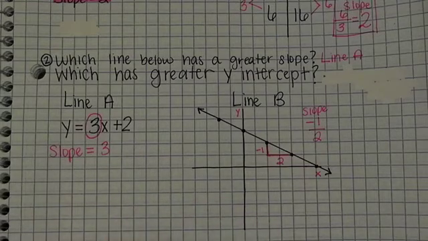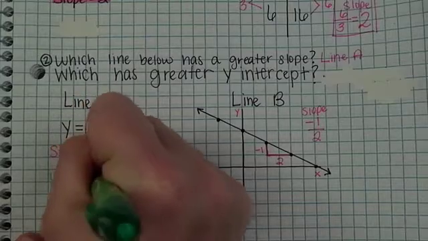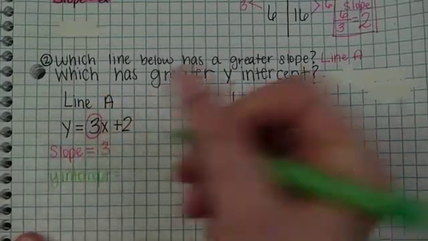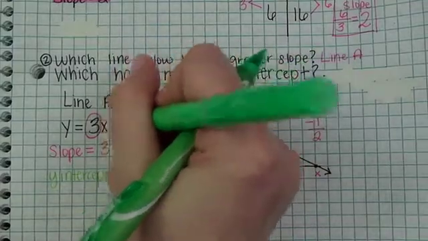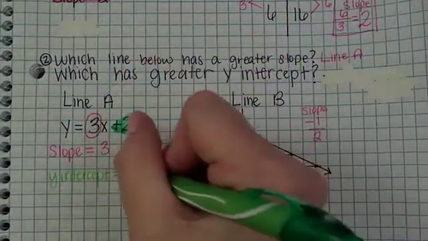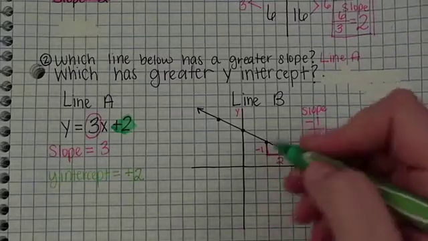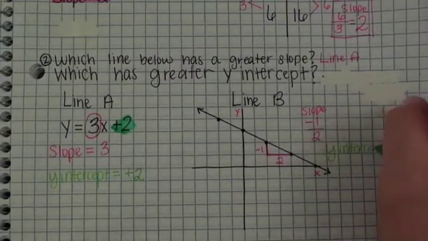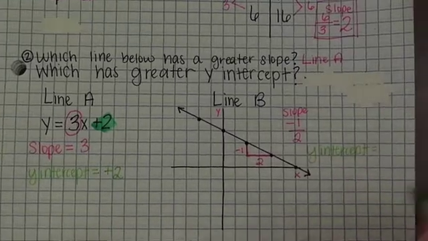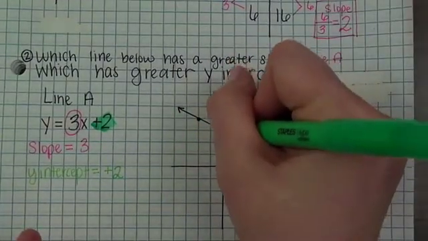Okay, now we're going to talk about the y-intercept. Remember, if you're looking at an equation, the y-intercept is the part adding or subtracting at the end. In this case, it's adding at the end, so we would put +2. And then for this one, the y-intercept is right here.